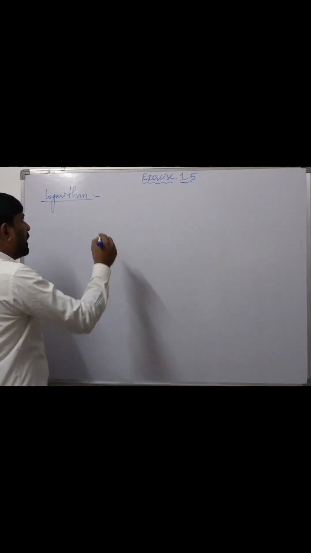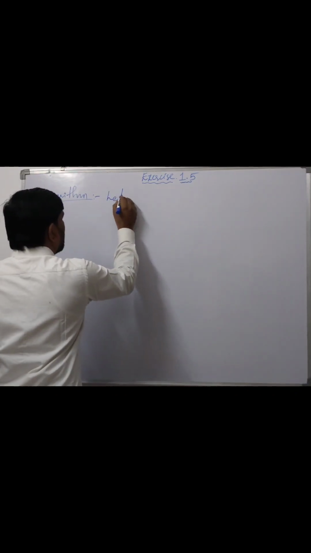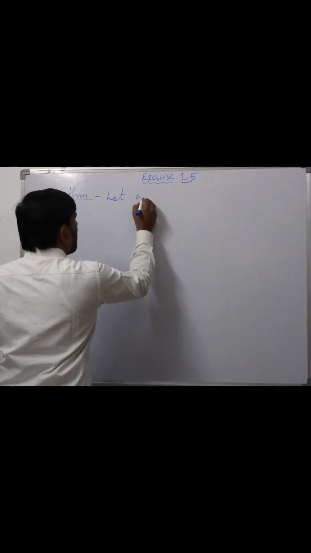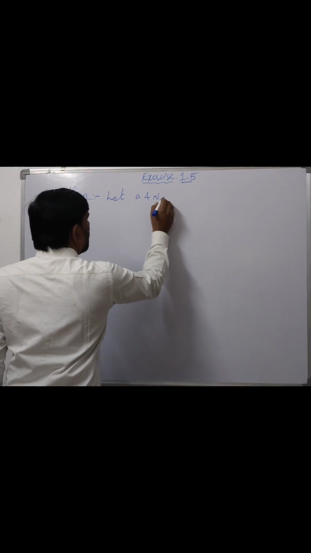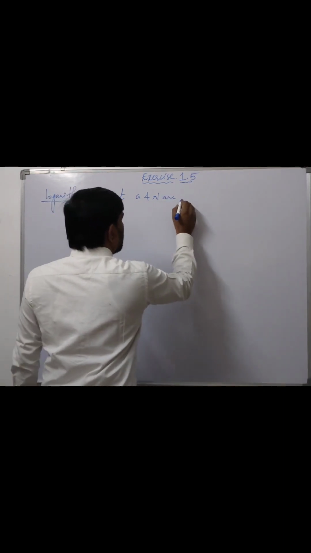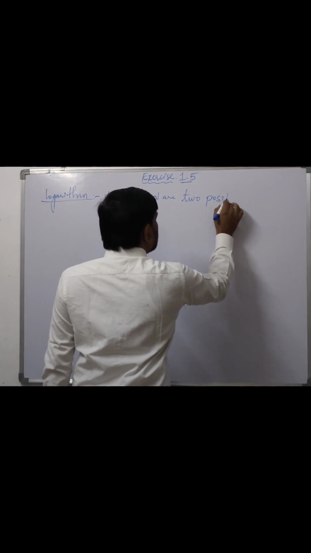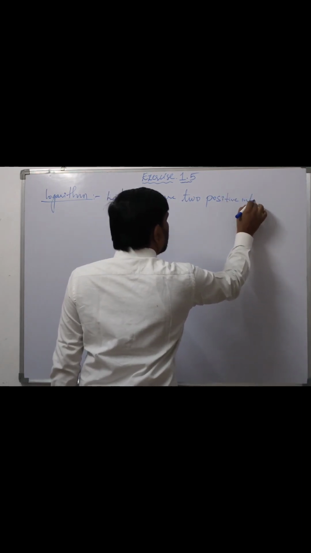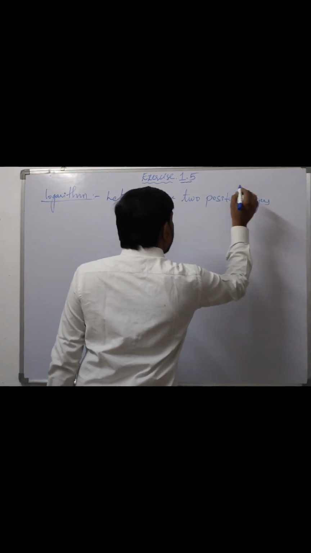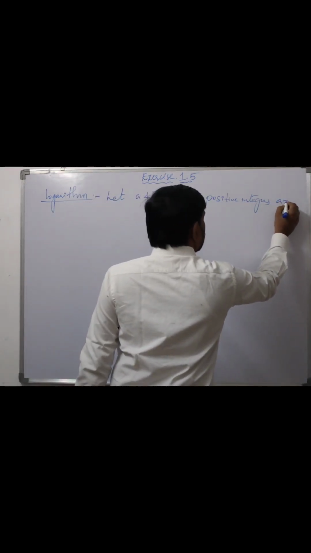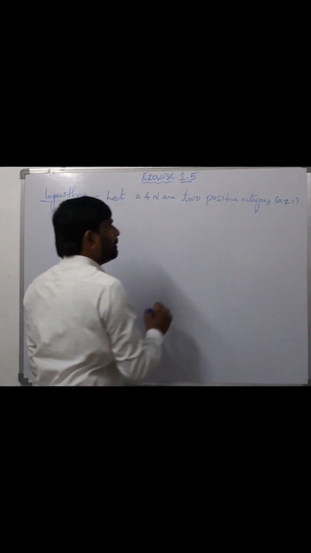Let a and n be two positive integers, and a must be non-zero, a must not be equal to 1.